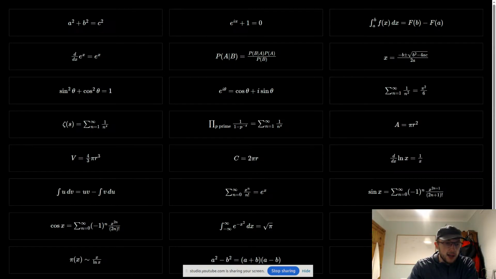In other words, A plus B plus C, all divided by 2. Let's call the semi-perimeter S. Then Heron's formula states that the area of an arbitrary triangle is S minus A times S minus B times S minus C times S, all square rooted.